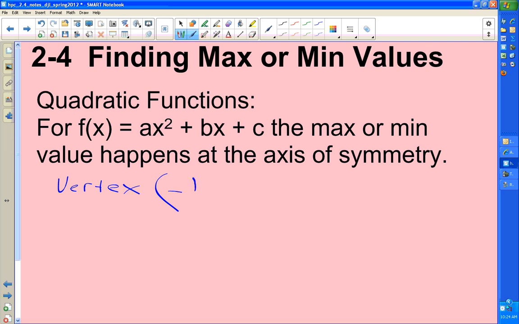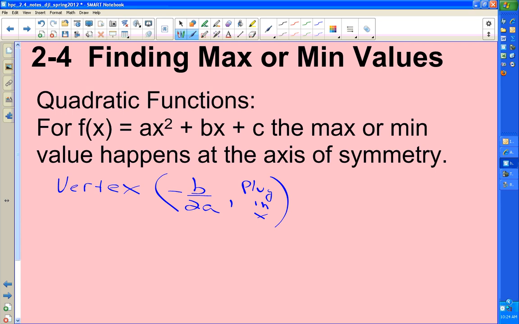Yeah, you got that. Now that's the x-coordinate, or the control variable value, of the vertex. How do you find the dependent or y-coordinate, or f of x? Yeah, you plug this in. So plug in x to get the y. Okay? Now again, that's in standard form.